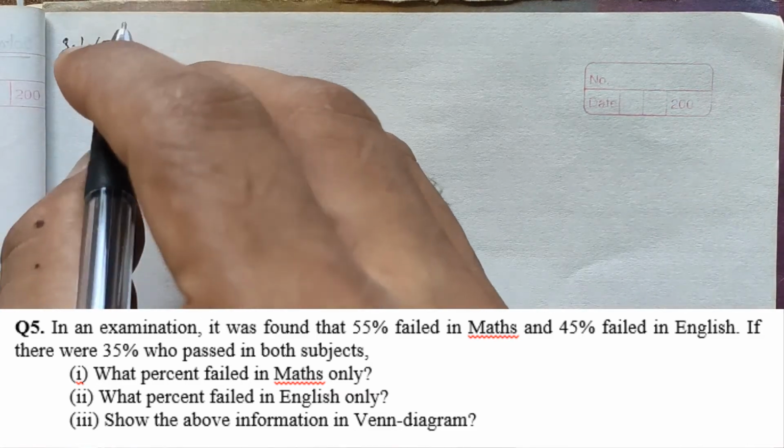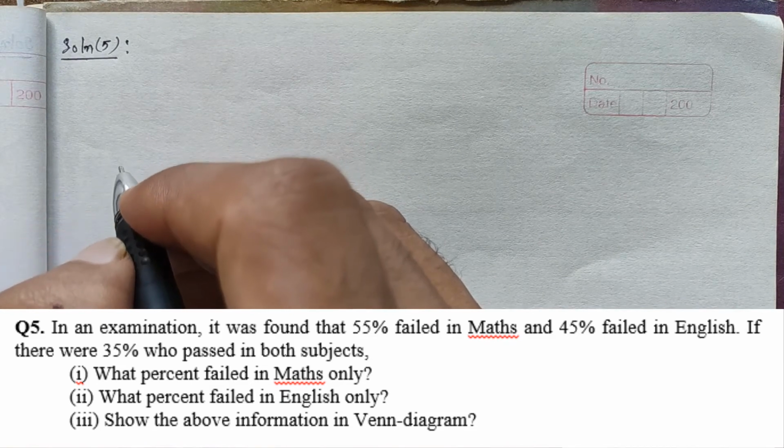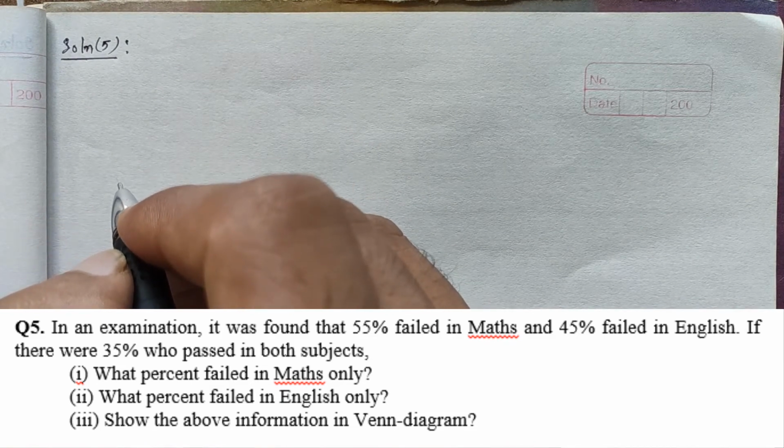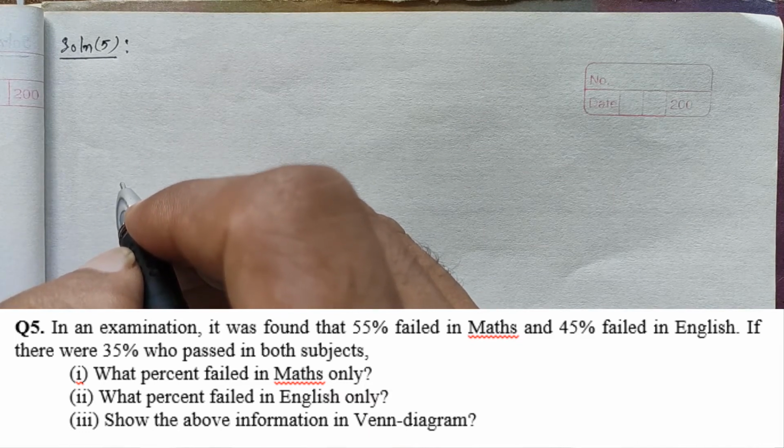So let's solve it. In the first case you have to find failed in maths only, n only M, and failed in English only, n only E, and you have to show the Venn diagram.